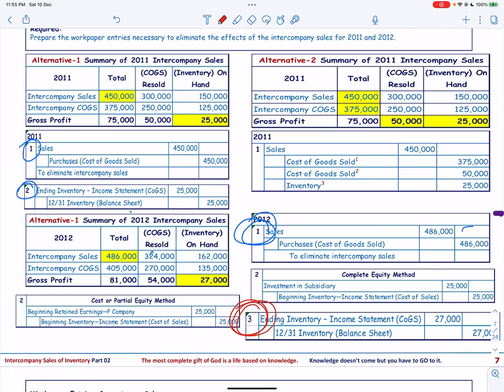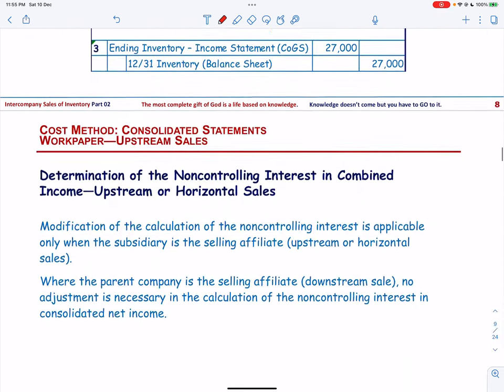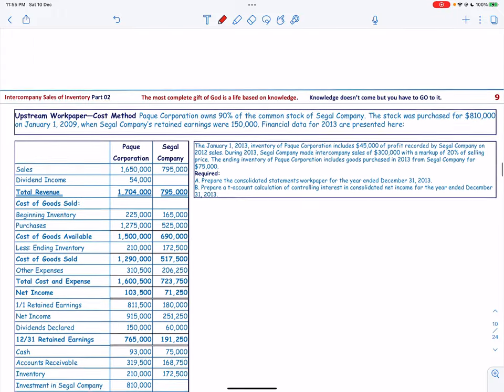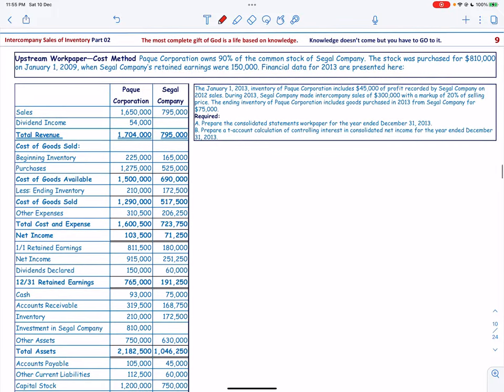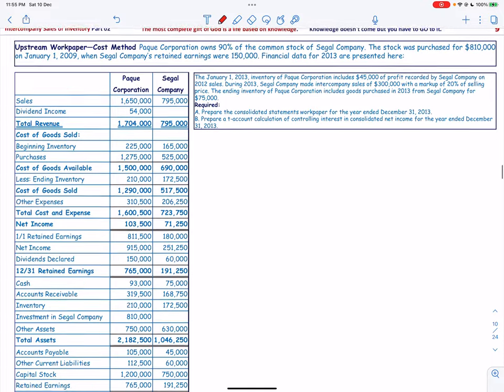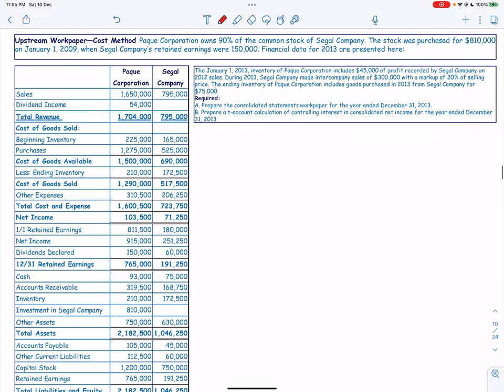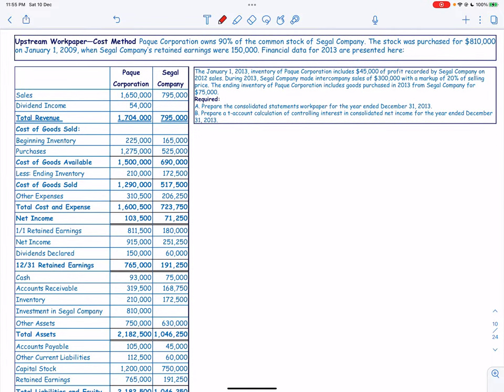So that is what we are going to solve in this illustration. P company owns 90% of the stock of Segal company. The stock was purchased for 810 on January 1 when Segal company retained earnings were 150.